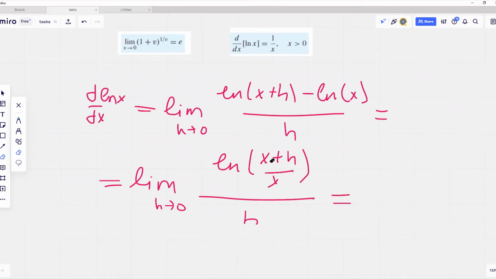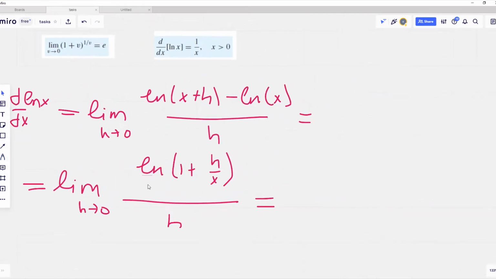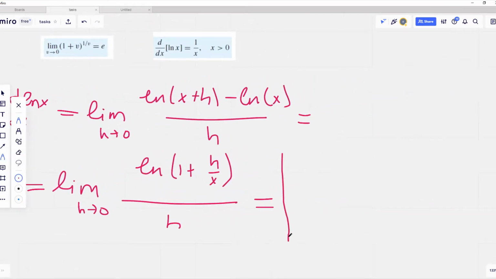Now, further simplifying this and expressing this as 1 plus h over x, and applying the following substitution, expressing h over x as nu, we'll end up with the following expression.